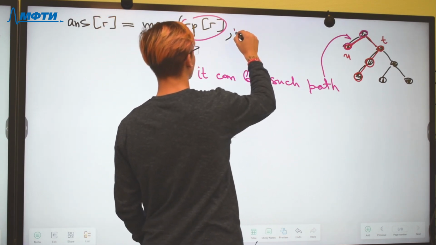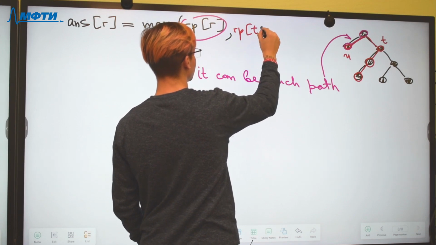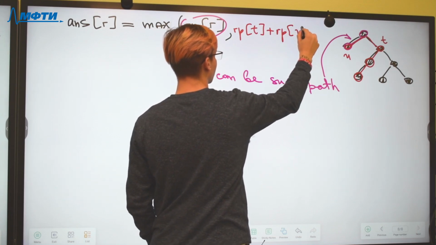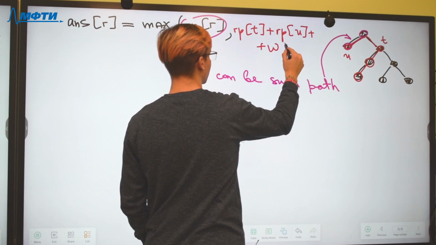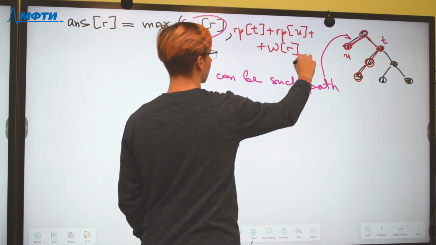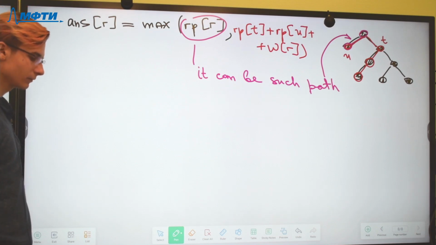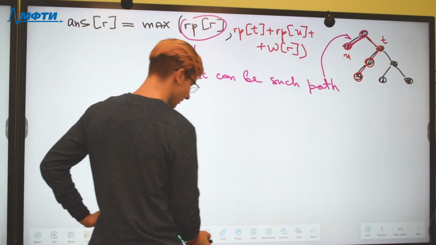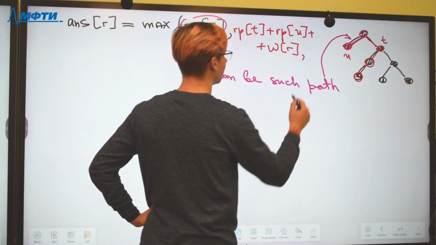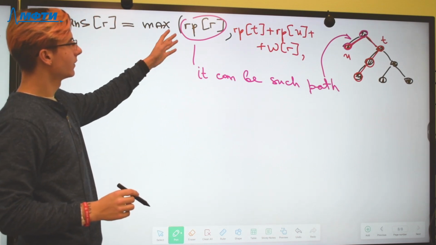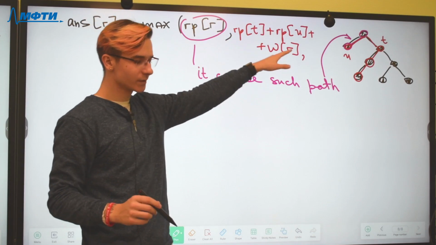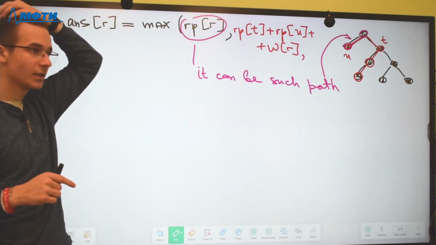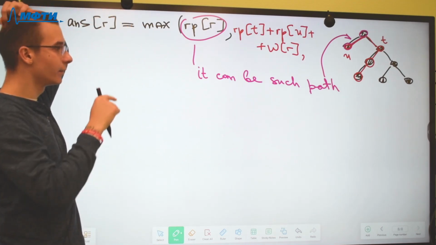It's equal to RP of U plus RP of T plus the weight of the root. If we find the maximum of these numbers, we find the maximum of the paths that contain the root.